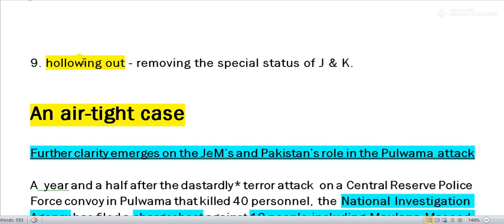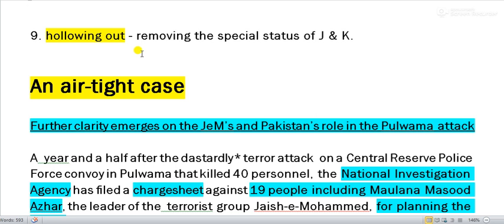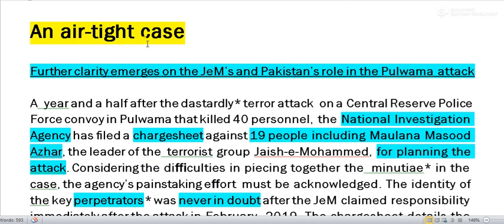Hollow is the word: to vacate, to empty. Emptying out J&K means removing the special status of J&K. So let us go ahead with the passage itself.